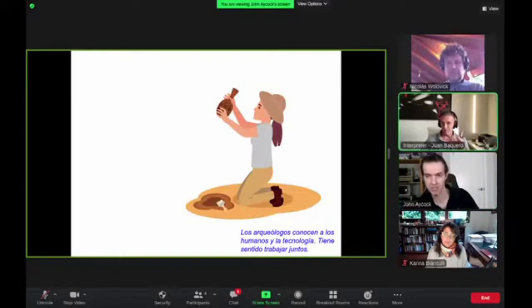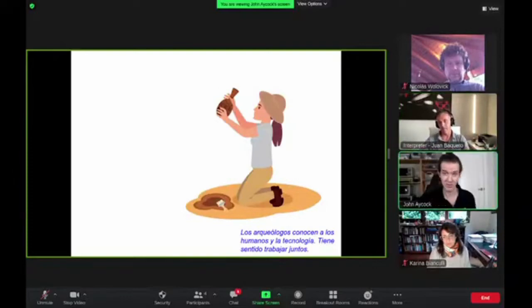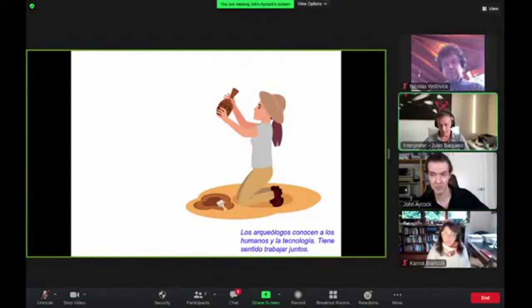Meanwhile, the part that falls outside the archaeological area of expertise, which is understanding digital artifacts, that is what computer science can contribute.